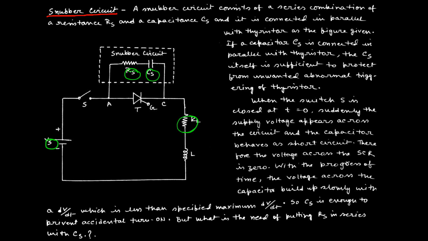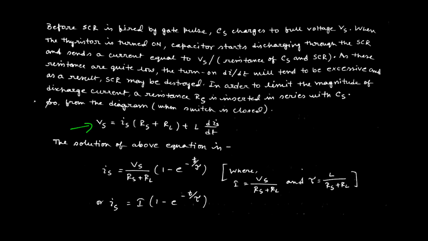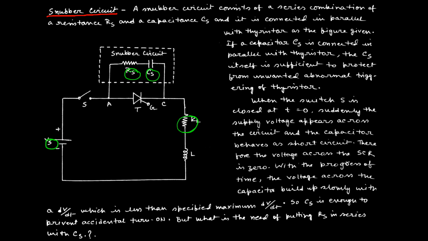That is why we can write the expression Is into (Rs plus RL) plus L dIs/dt, and L dIs/dt is due to the presence of this inductive load, which defines the voltage across this inductor.